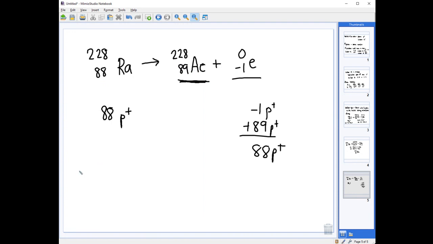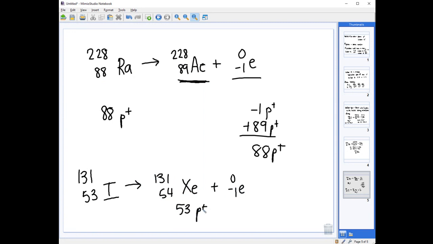If we look at another one of these, we have iodine-131, and it decays by beta decay into xenon-131. Notice my Z here is higher because I have to say 54 minus 1 gives me 53.